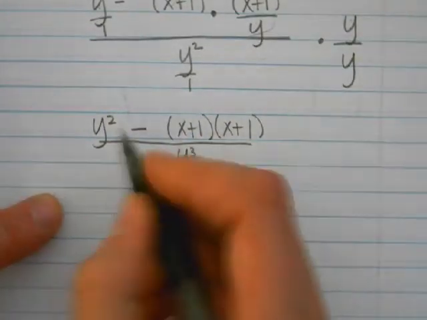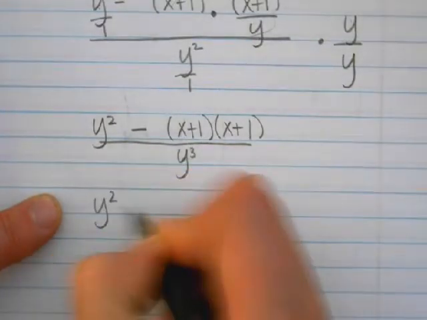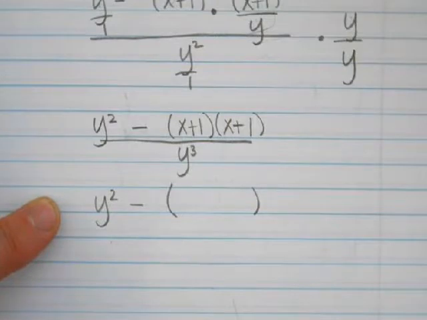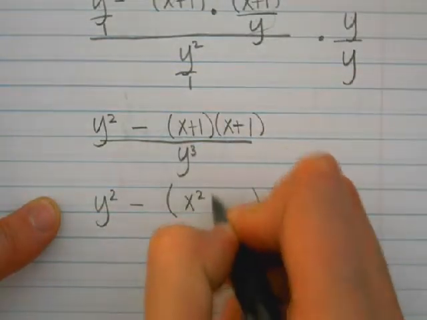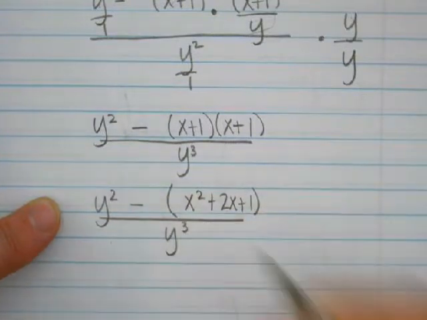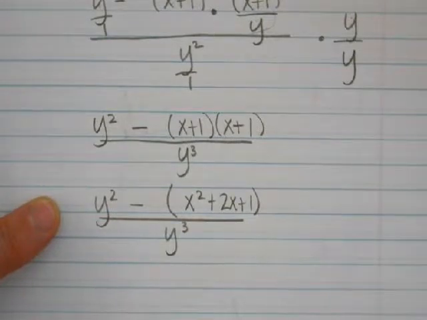So I've got y squared minus, and what do you get when you FOIL that? You don't have to waste as much paper as I am when you do this if you don't want to. You guys might notice I'm wasting a lot of paper right now.